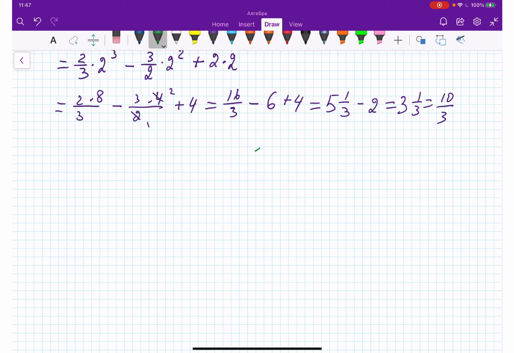So let me do a little bit of explanation. Let's say this is my graph. Let me write down the average value of a function.